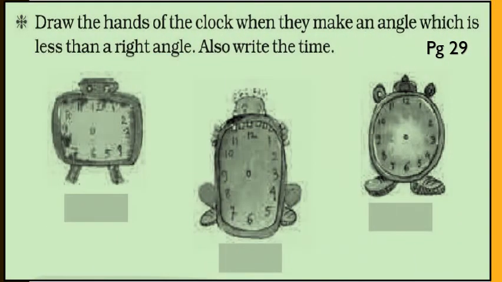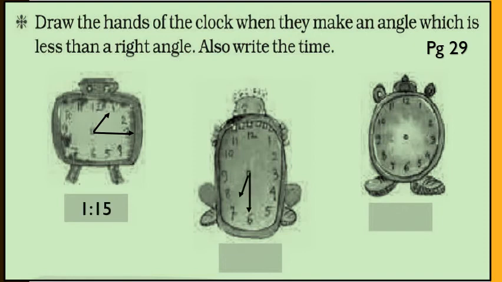Now we will continue on the same page, that is page 29. Draw the hands of the clock when they make an angle which is less than a right angle. Also write the time. In the first clock, when it is 1:15.